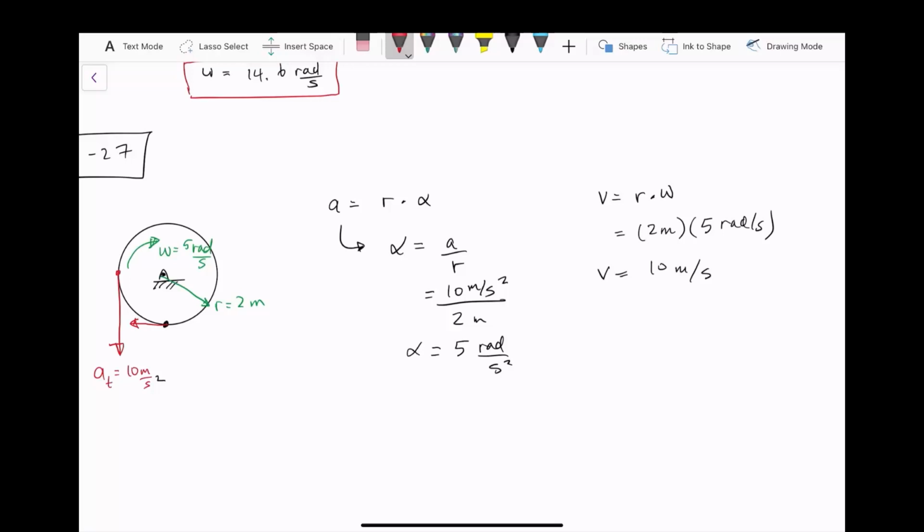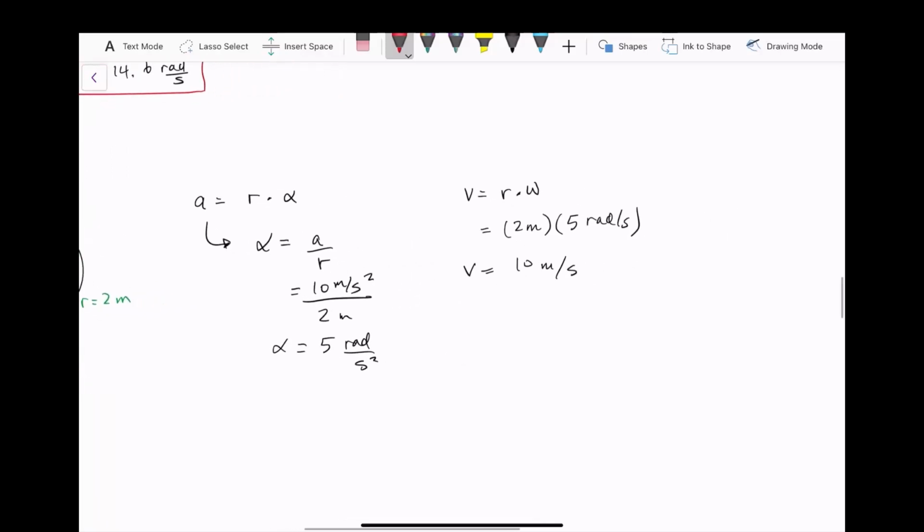Again, why do we call that tangential? Because it's tangential to the path. If I draw the radius arm down, we are perpendicular at 90 degrees to that radius arm. Okay, so that would be my tangential velocity. So that is the answer for this problem.